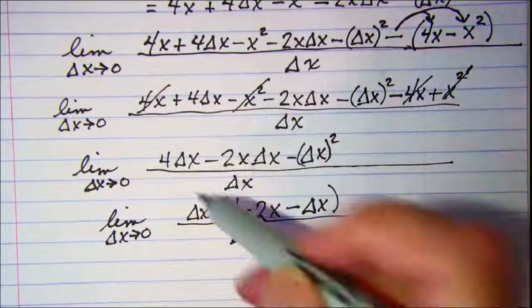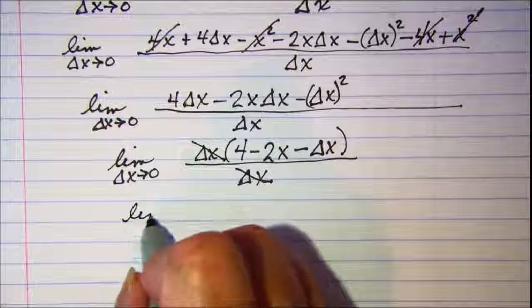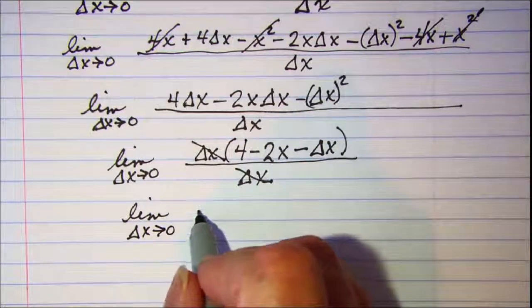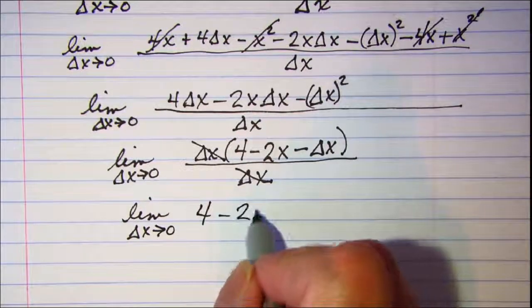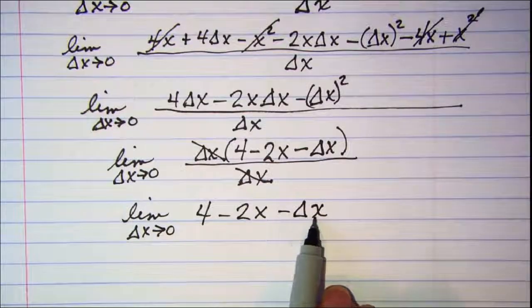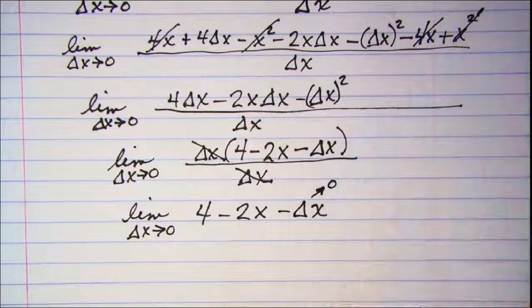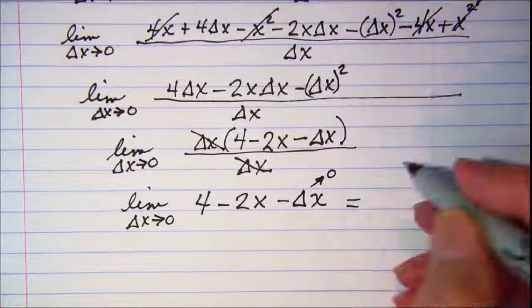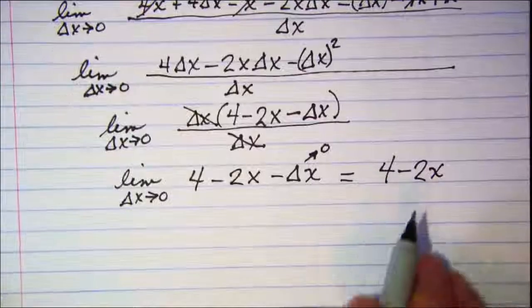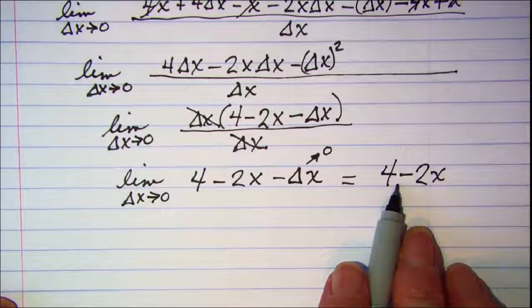Now my delta x's will cancel, and I'm just finding the limit as delta x approaches 0 of the trinomial 4 minus 2x minus delta x. Well, as delta x approaches 0, this becomes 0. So my limit is 4 minus 2x. So this is the equation that will render our slope of the tangent line.